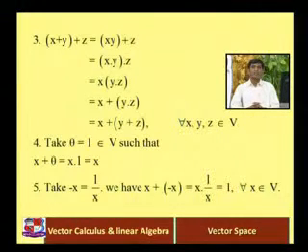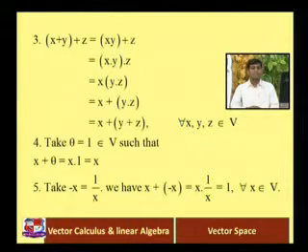Now what is our identity for the given set? Because actually we have to find such an element which is in the set such that x plus that element is equal to x. Okay, and that should be true for all x belongs to V. So here the identity is equal to 1, that you can check very easily.